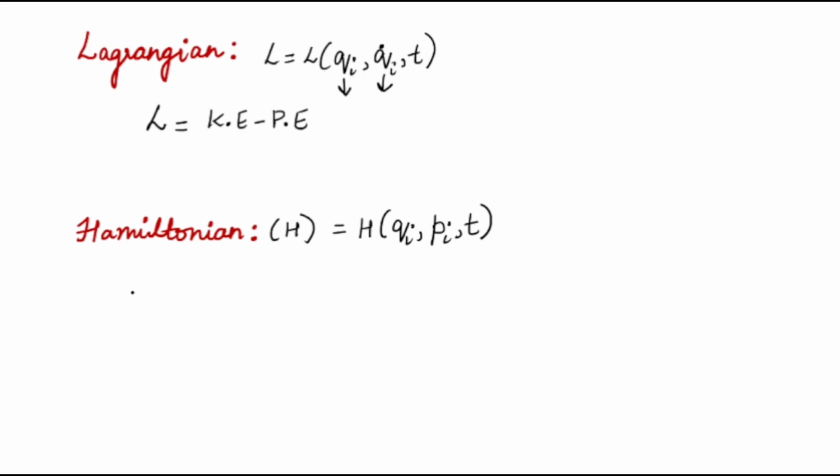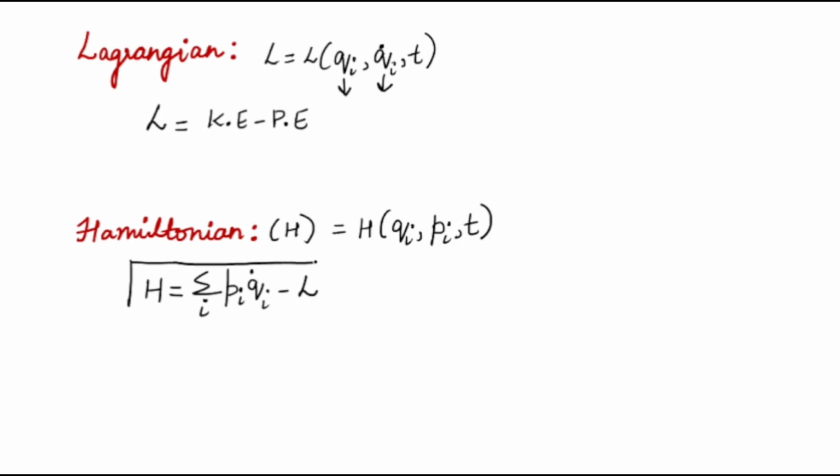So the mathematical expression is: Hamiltonian is nothing but the summation over i of pi, the generalized momentum, times qi dot, the generalized velocity, minus Lagrangian. This is the expression for Hamiltonian.